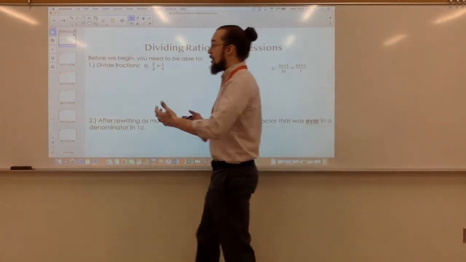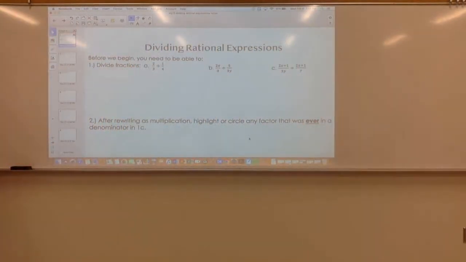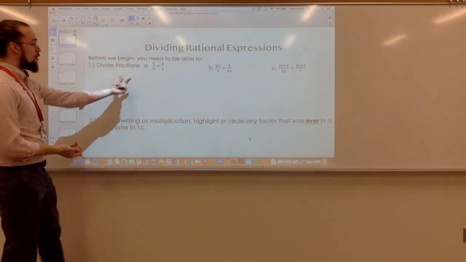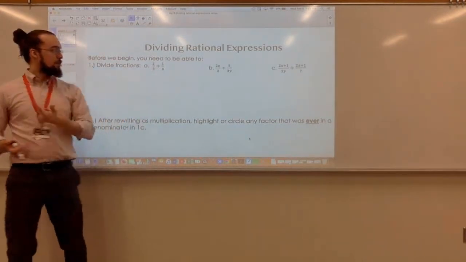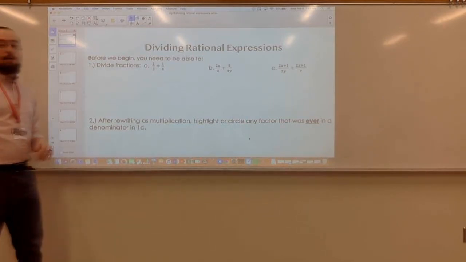So first, we need to make sure that we remember how to just divide normal fractions before we get into dividing rational expressions. So this first problem, we have 2/3 divided by 1/4. How do I do something like that? So multiplying is straight across.